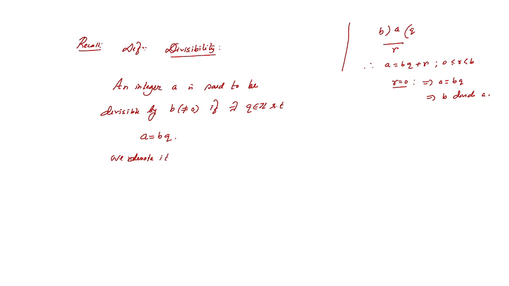In that case, we denote it b divides a. You just draw a vertical line: b | a.